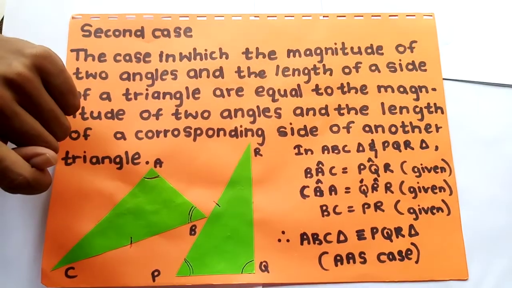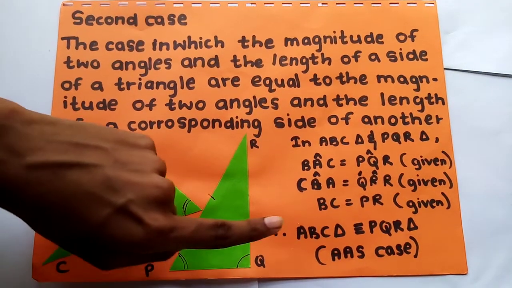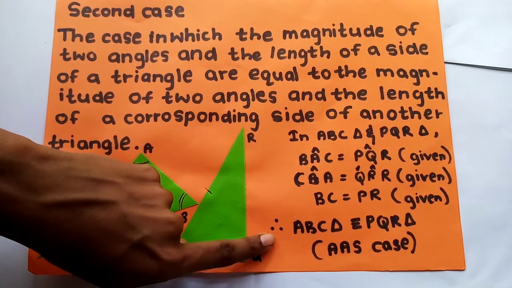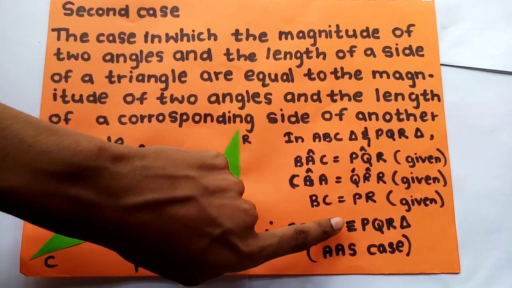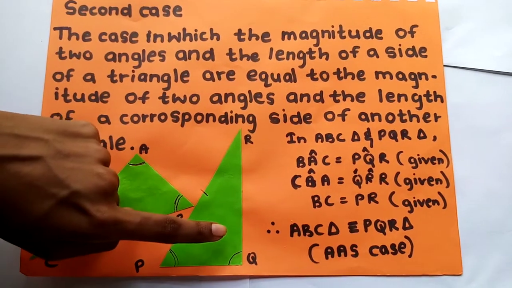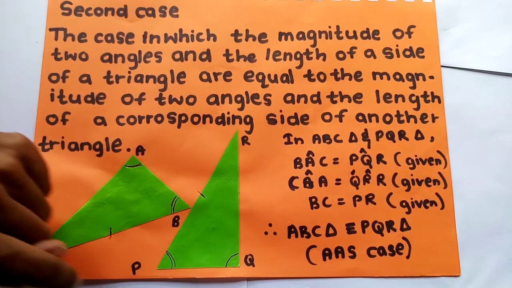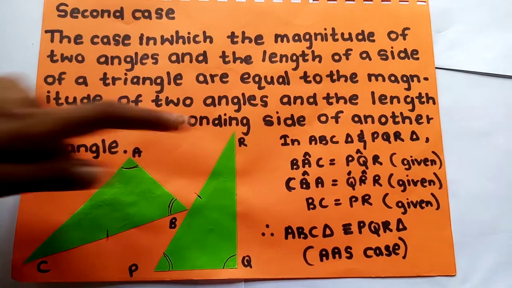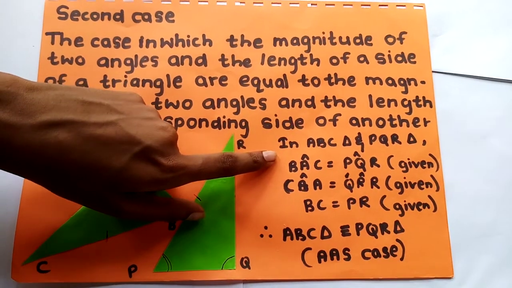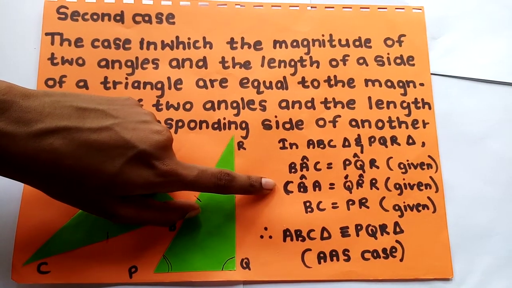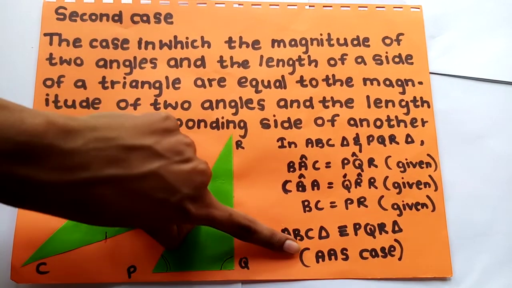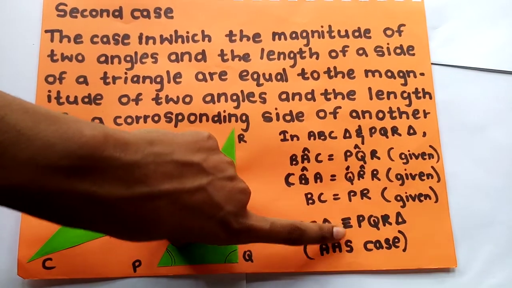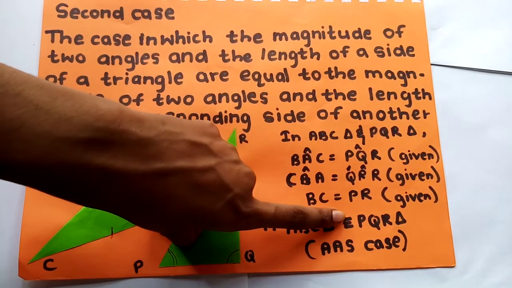It's also given data. Therefore, we can decide triangle ABC is congruent to triangle PQR. It's according to the case AAS. Why are we saying like that? Because for this case, they have included two angles and a side. Angle, angle, side. AAS case.